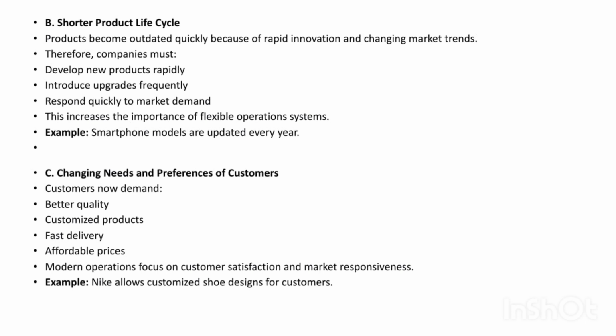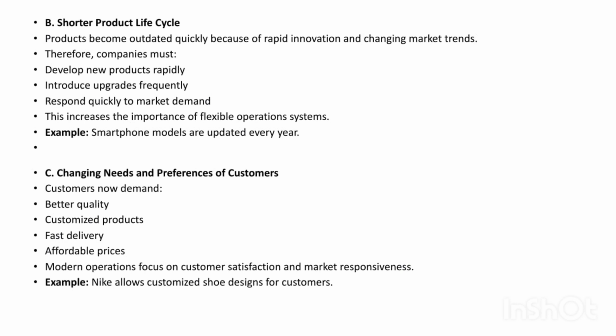So operations management manages small batch production and not mass. So, the first three recent trends of modern operations we discussed are technological development, shorter product life cycle, and changing needs and preferences.